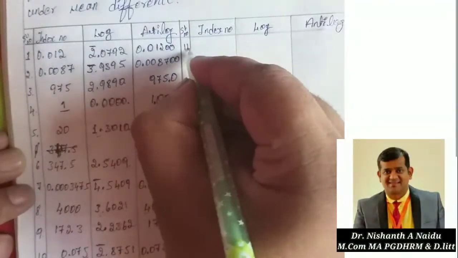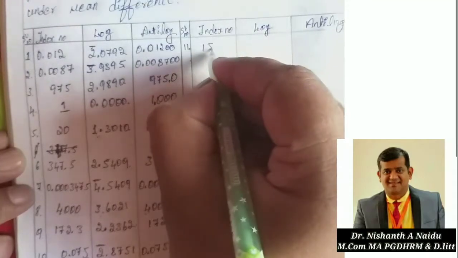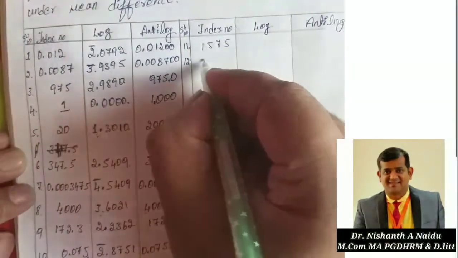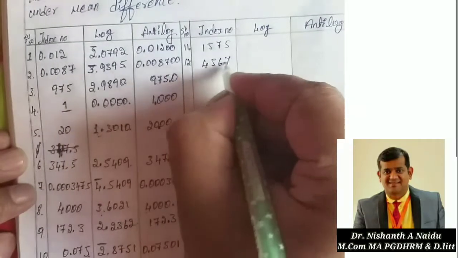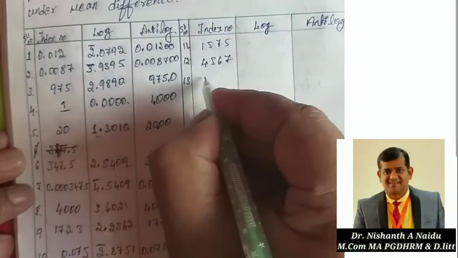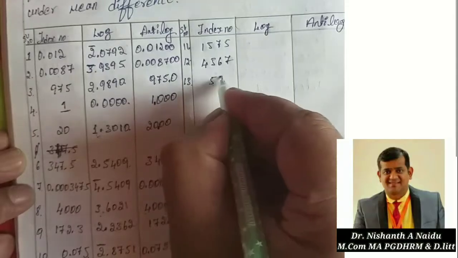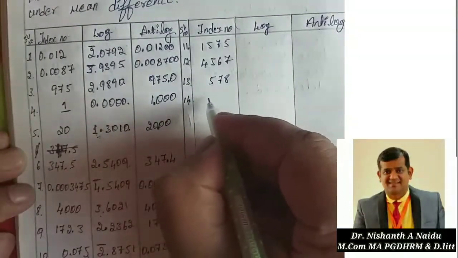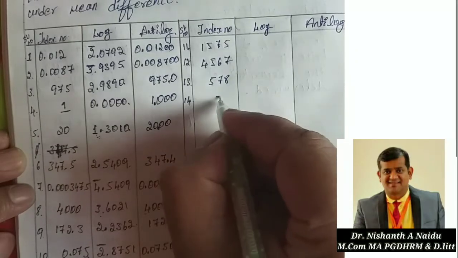The 11th number I am giving you is 1575. The 12th number is 4567. The 13th number is 578. The 14th number is 75.